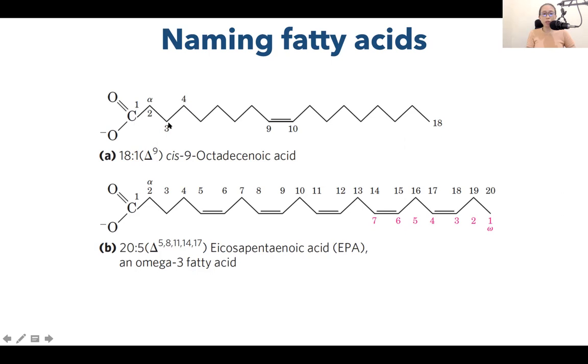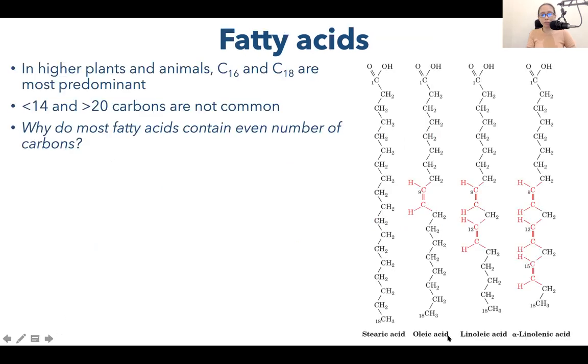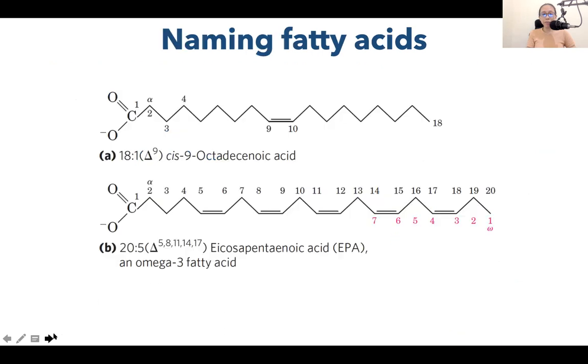So 1, 2, 3, 4, 5, 6, 7, 8, 9. So yung head ng double bond natin is at carbon 9. So yung superscript ng delta is 9. Okay, so this is your oleic acid. Tama? Oleic acid. So 18 carbons with one double bond at carbon 9.